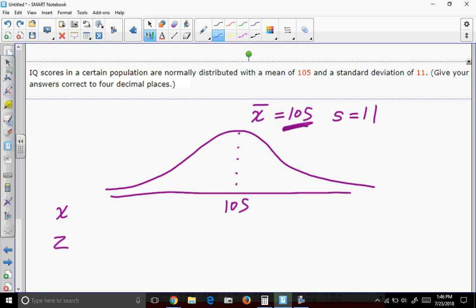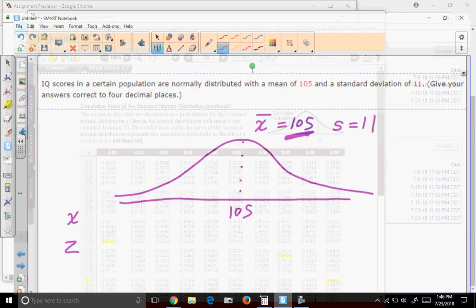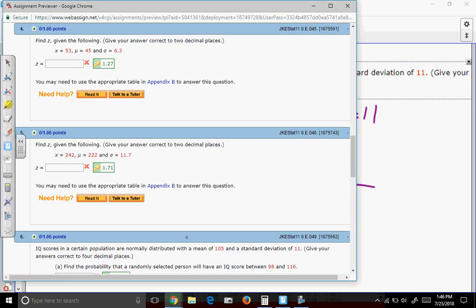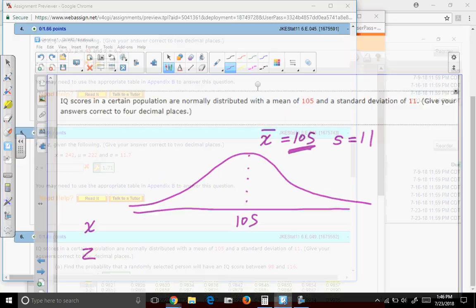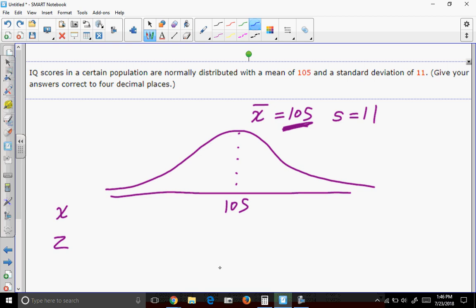So let me go back to the question. The question says, find the probability that someone has an IQ between 98 and 116. So here's the mean. 98 is below the mean, 116 is above the mean.